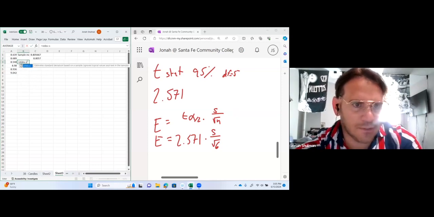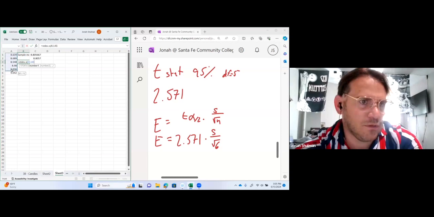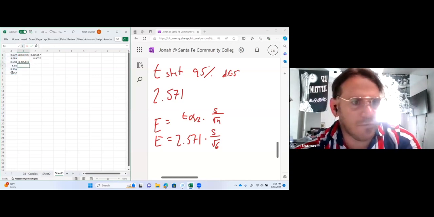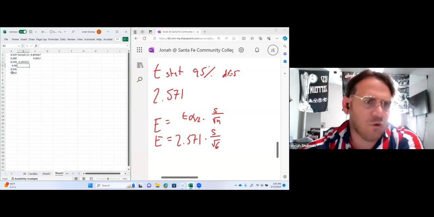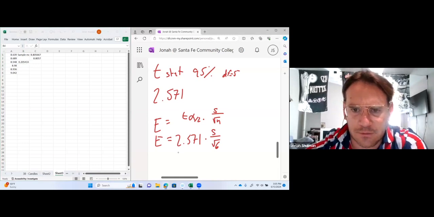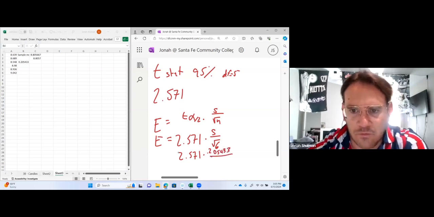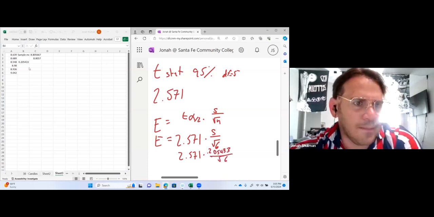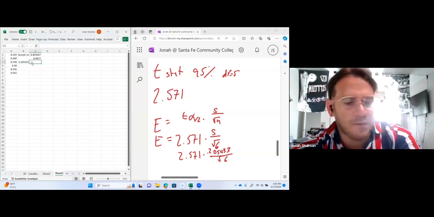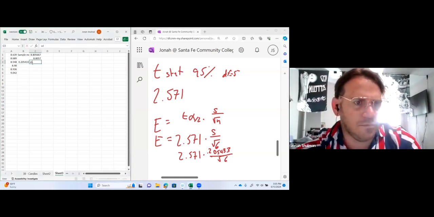STDEV.S, because we have a sample. This has the n minus 1 at the bottom of the formula, so it's 0.205436. So there's our standard deviation.